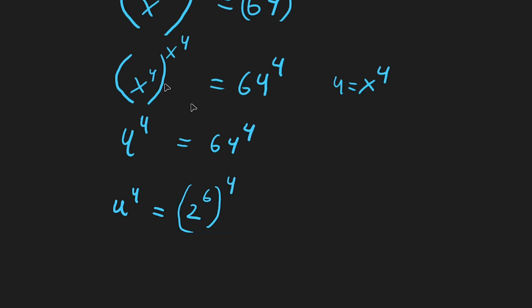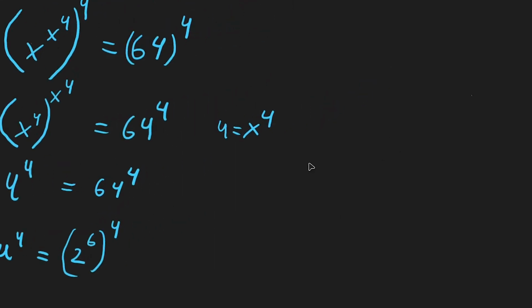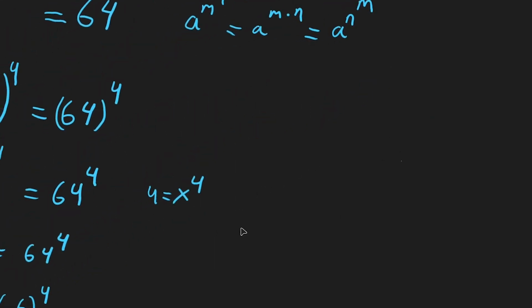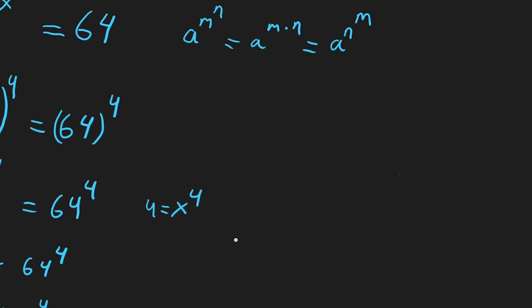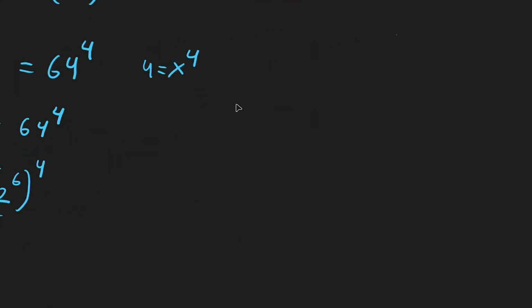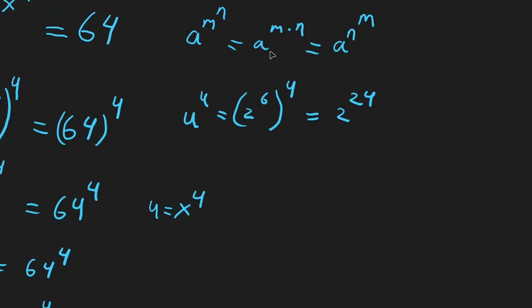So let's write this up: u to the power u equals 2 to the sixth, to the fourth, and this is the same as 2 to the 24 because of the rule up here.